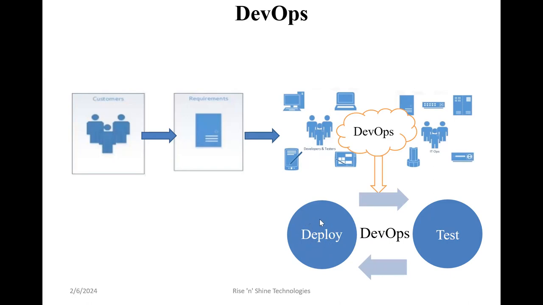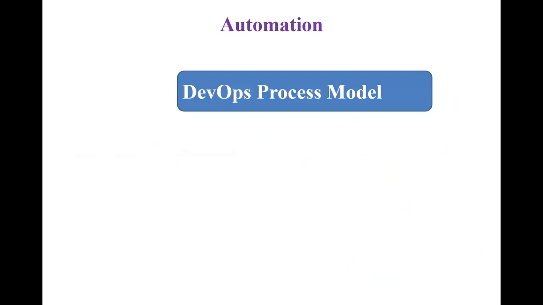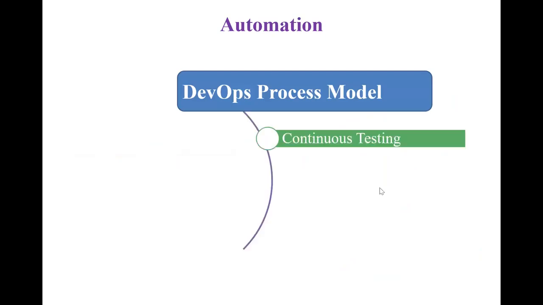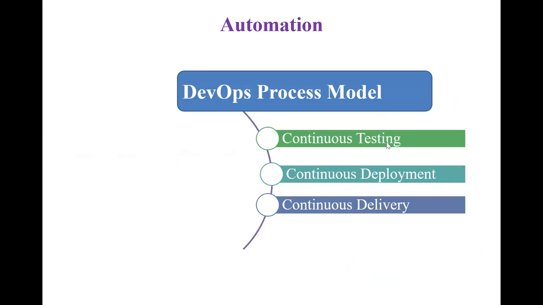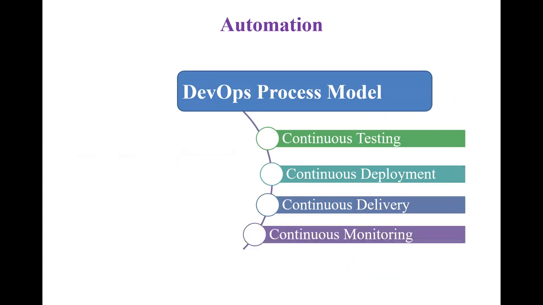That is deployment. Once the deployment is ready, run the test cases. And once it is accepted, move that application to the next environment. This is continuous delivery or deployment with continuous testing. So together, the DevOps process model is finally continuous testing, continuous deployment, continuous delivery, and continuous monitoring.